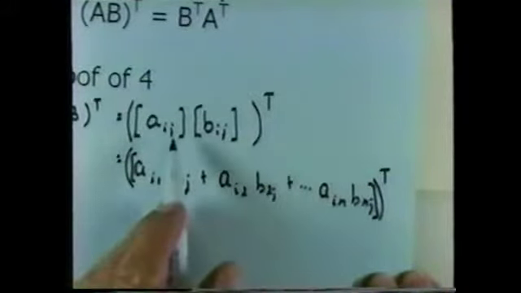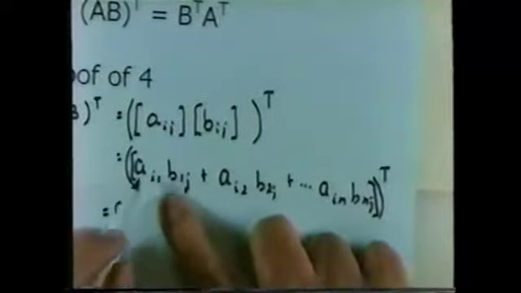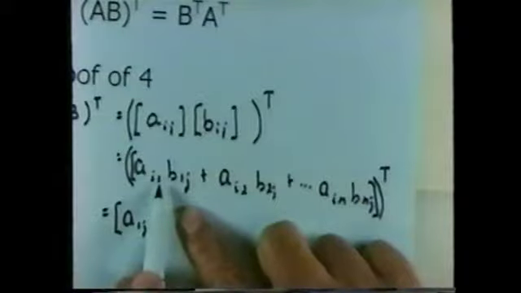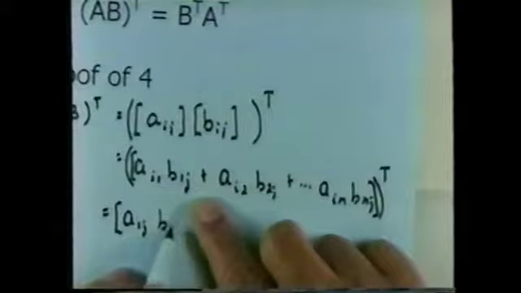Now what happens when we do the transpose? We interchange the rows and the columns, so that means we're going to interchange the i's and the j's. So when I do the transpose, it's going to be A 1j. See, in place of the i, I'm going to have to switch rows and columns, so it's going to be column j, and it's going to be B i1.